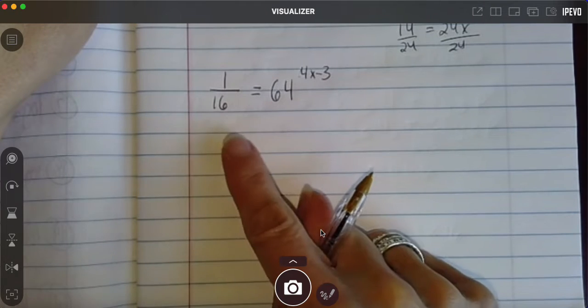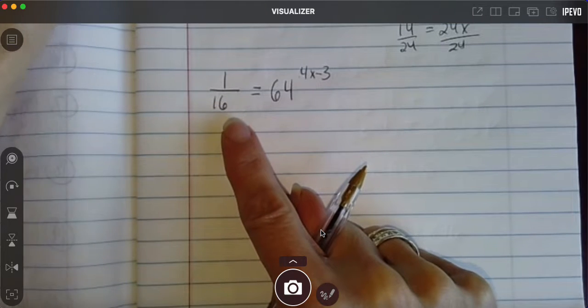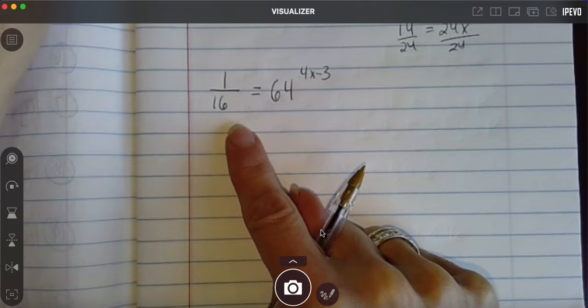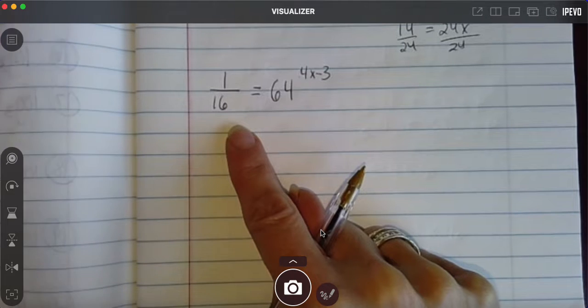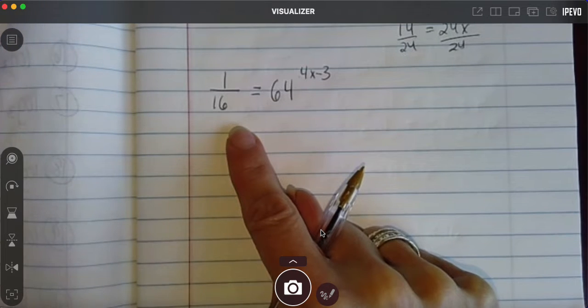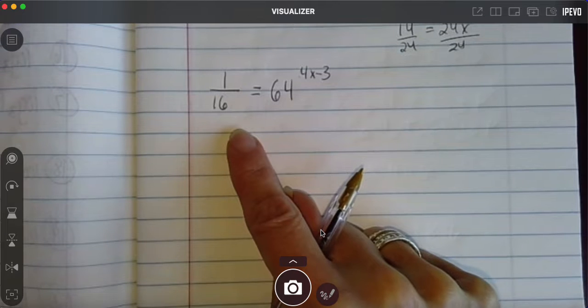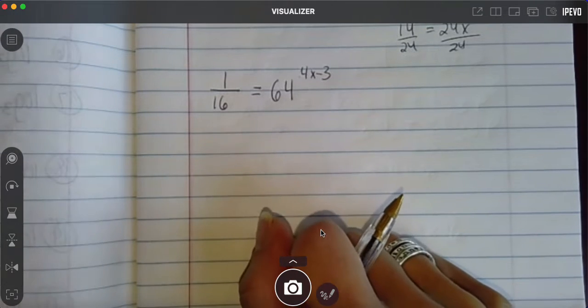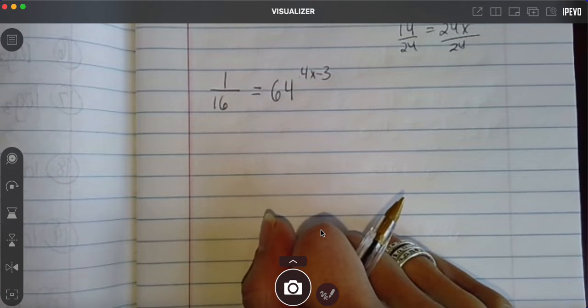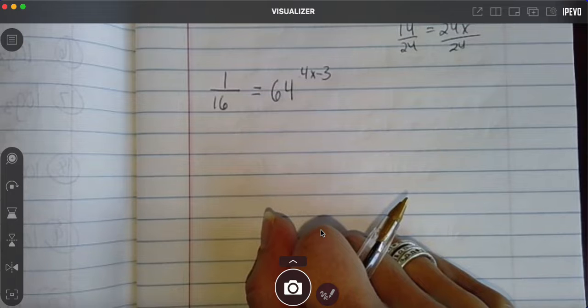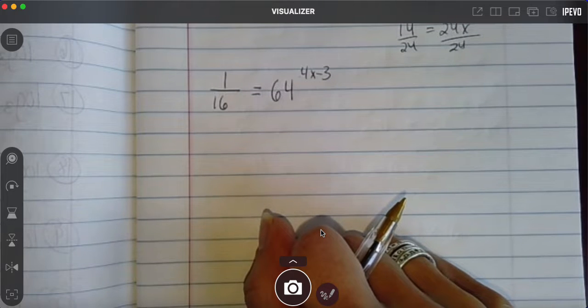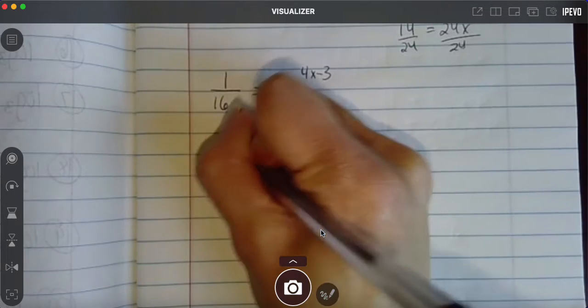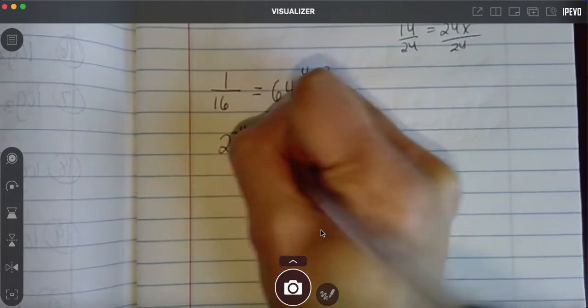It's kind of difficult though, because that's a 1 over 16, so it's dealing with what type of exponent? Negative. But let's ignore that for a second. 2 to what power is 16? 2 times 2 is 4, times 2 is 8, times 2 is 16. So 2 to the 4th power. But what did we say it's going to be? It's going to be negative 4, because it was 1 over 16.